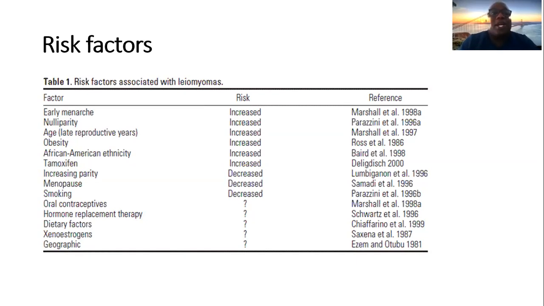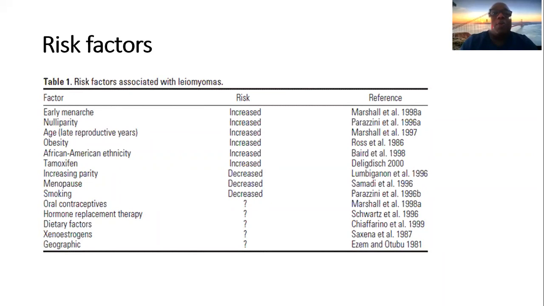We have nulliparity, a risk factor associated with increased risk of uterine fibroids. These are women who have not carried a pregnancy.